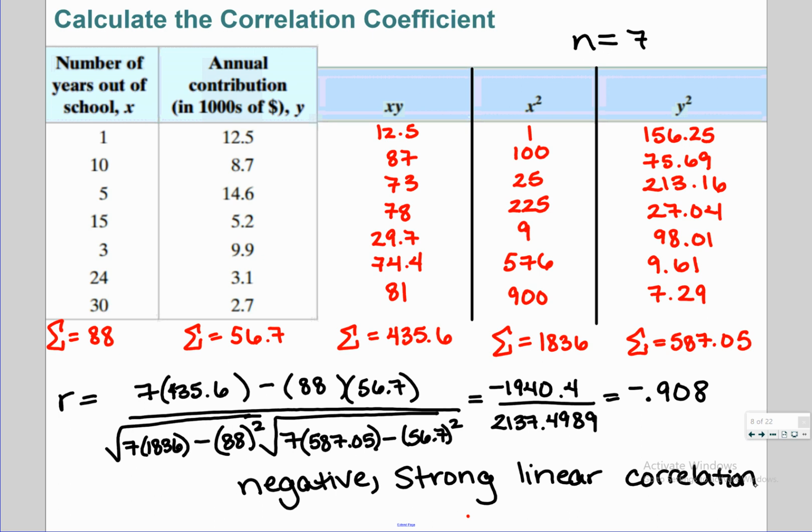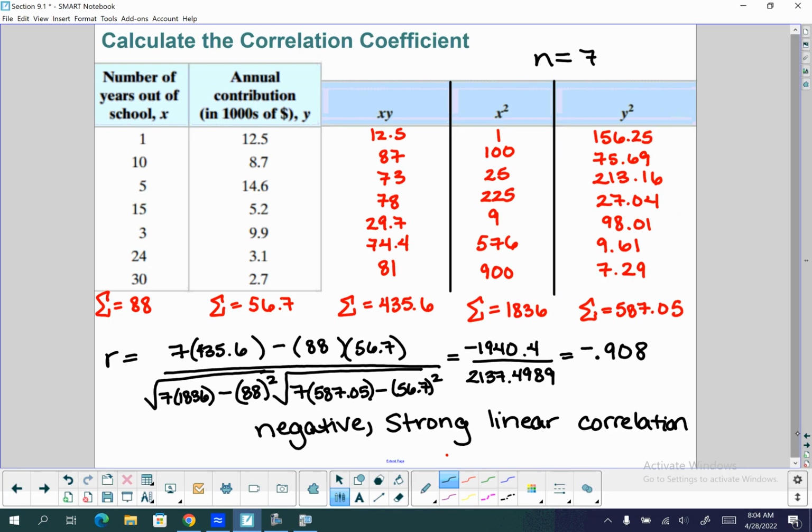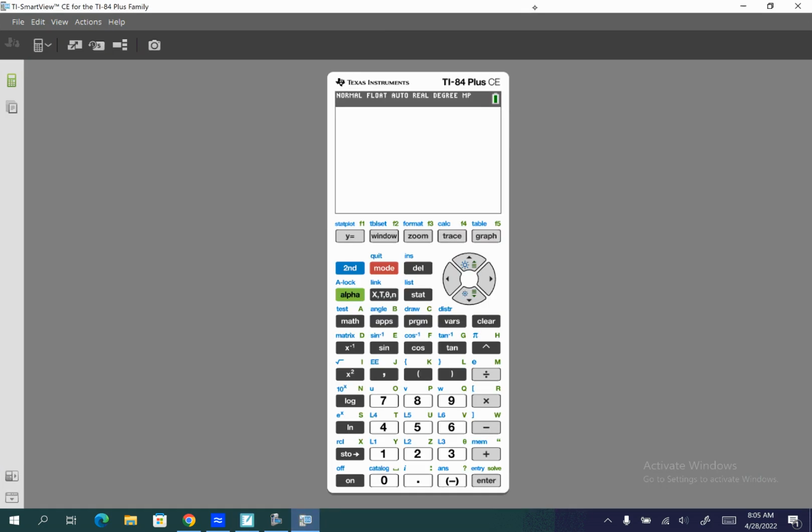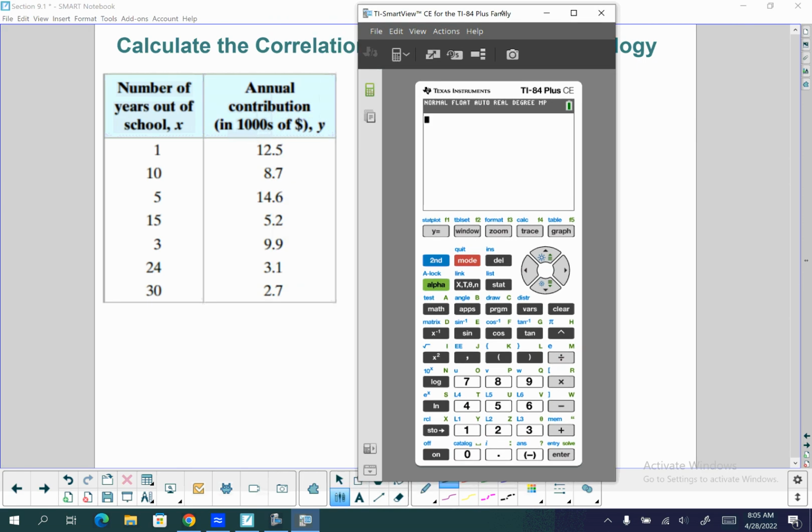All right, with your calculator now, let me show you how to check this answer. And we're going to do that on the next slide here. Okay, so first thing we need to do is go into our stat as usual. And we're going to go into edit and we're going to put our data in list 1 and list 2.